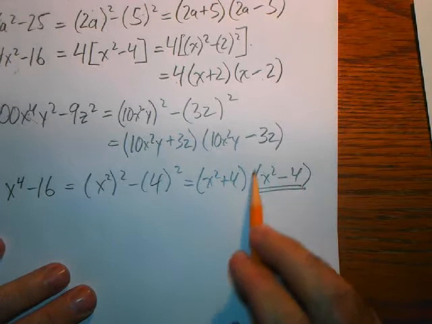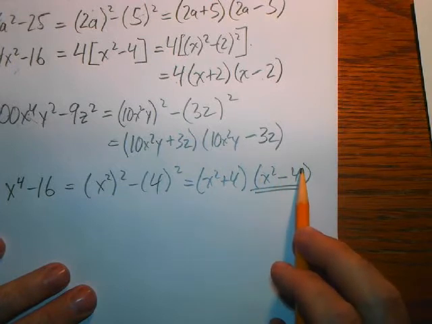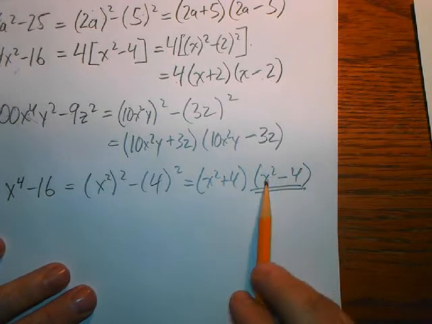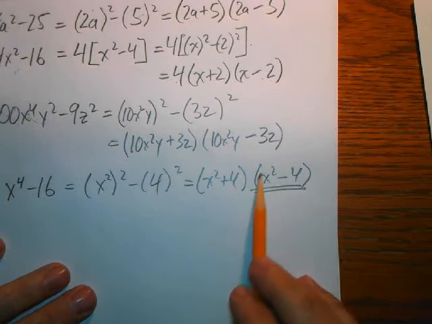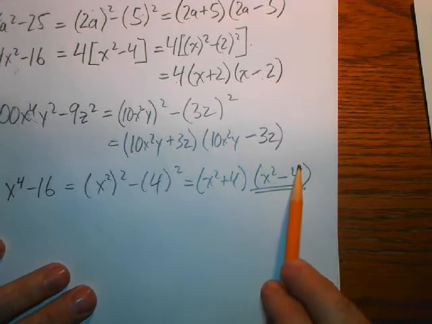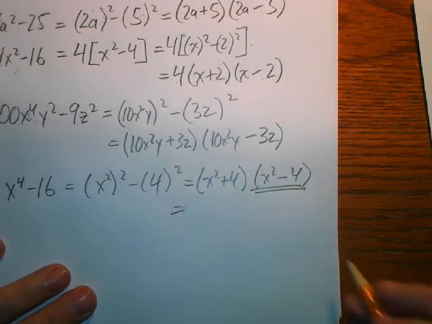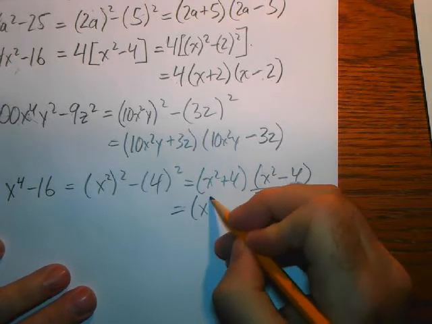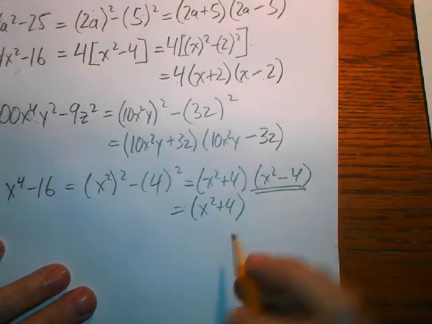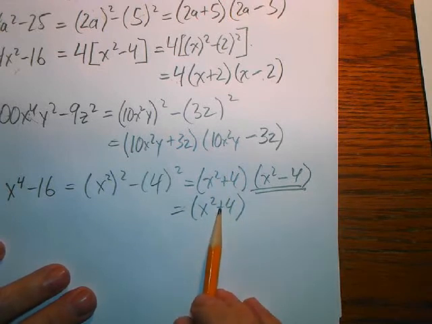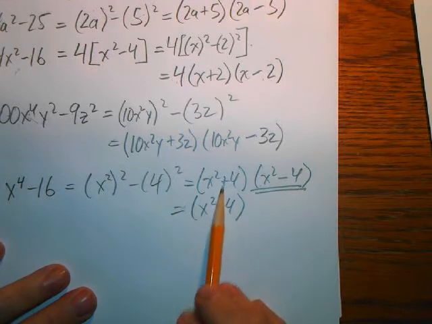I can take the square root of x squared and the square root of 4. The first one is not a candidate for difference of squares, only because that's a plus. It's not the sum of squares, it's a difference, so it has to be a minus sign. This one is, and I can factor that into x plus 2, x minus 2.